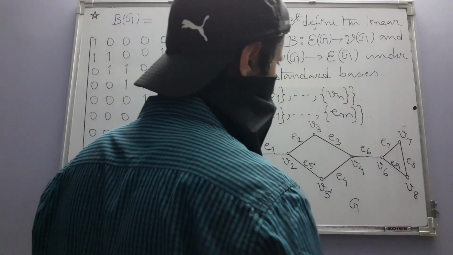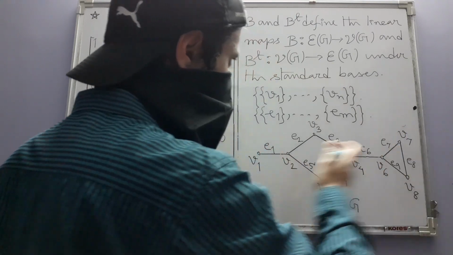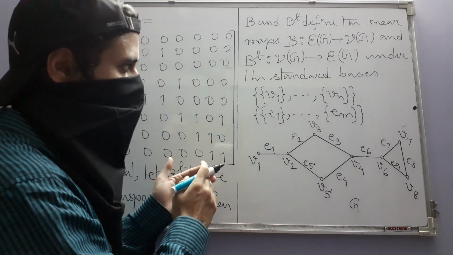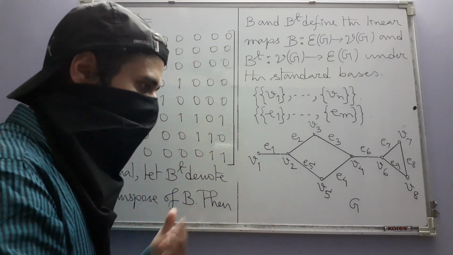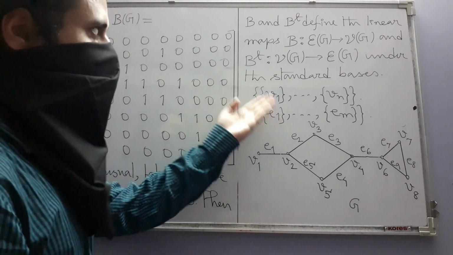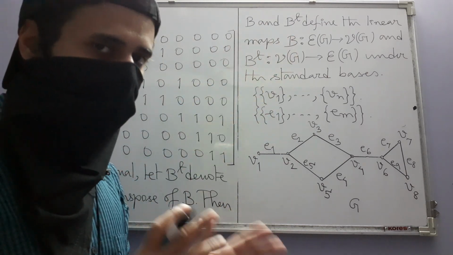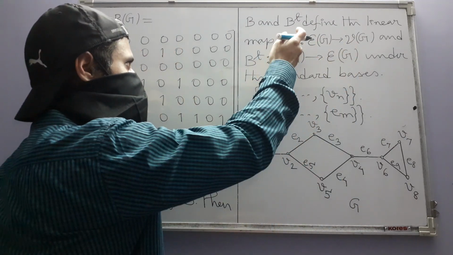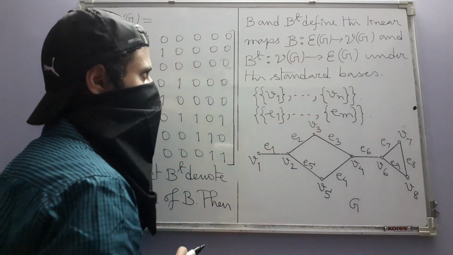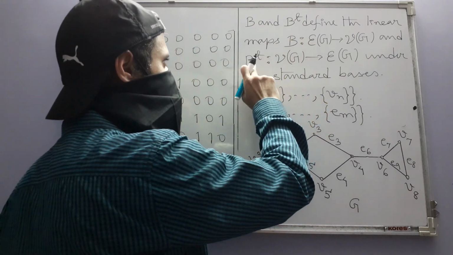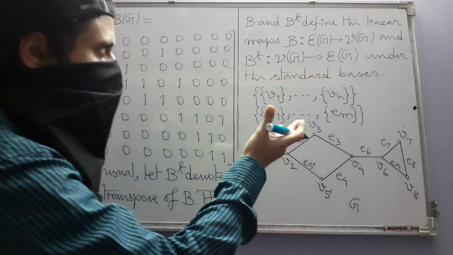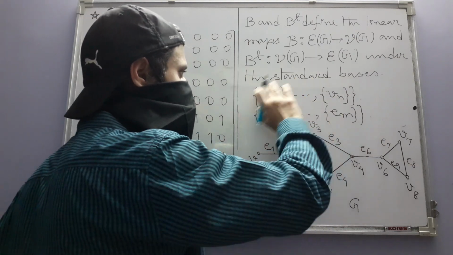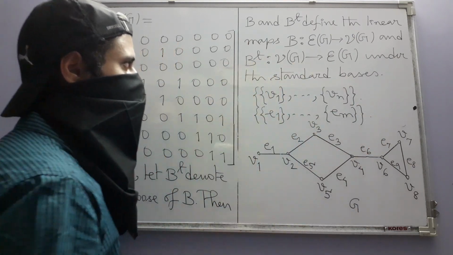So once you do that, you will get coefficients. Those coefficients are going to be either 0 or 1. So that will give rise to a matrix. That matrix is B. So the setup is like that. It is that linear transformation whose matrix with respect to this standard basis is B. Just like that, this is that linear transformation whose matrix under this basis is going to be the transpose of B.